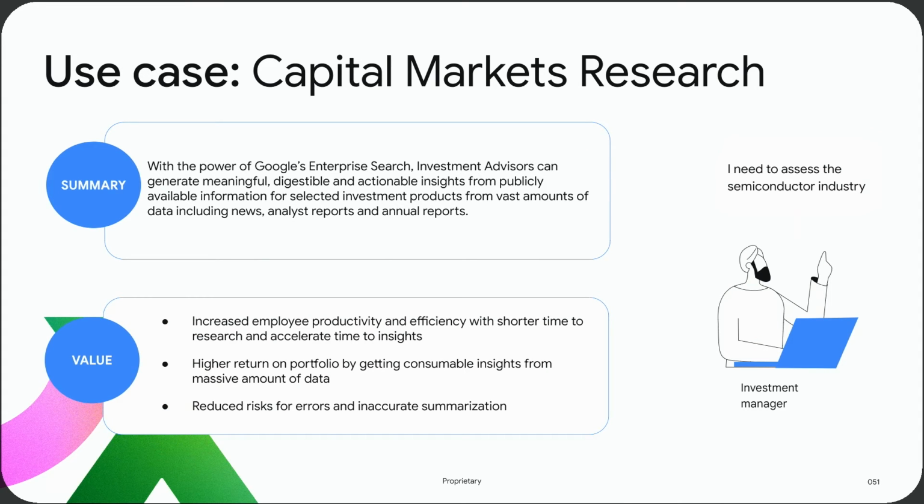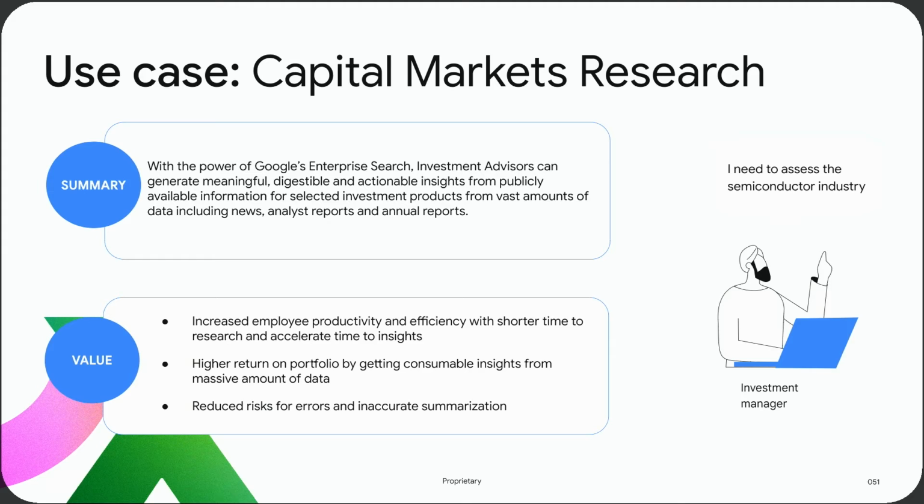So if we look at this use case for capital markets research, in this case, it was an investment firm that needed to read basically a lot of information to come up with some insights and actionable next steps that they could do from their investment perspective. So this was helpful for the employees because it was able to more efficiently provide the summaries.